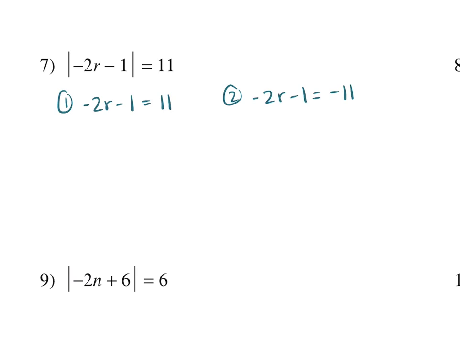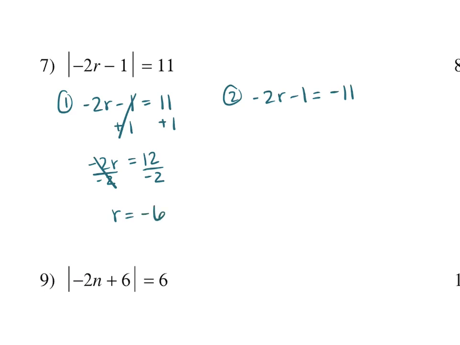So we need to get our r by itself. That means we have to add 1 to both sides. When we do that, our 1's will cancel out. Negative 2r equals positive 12. Divide by negative 2. Divide by negative 2. And r equals negative 6.